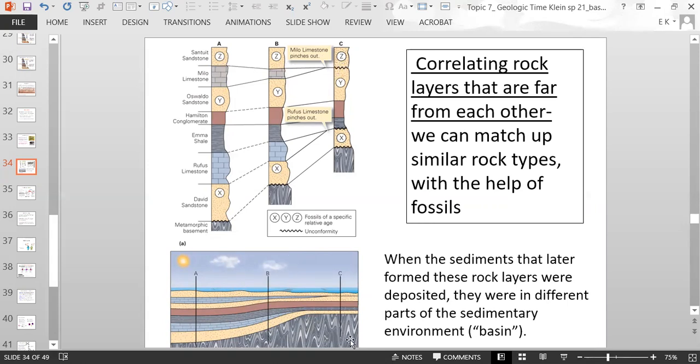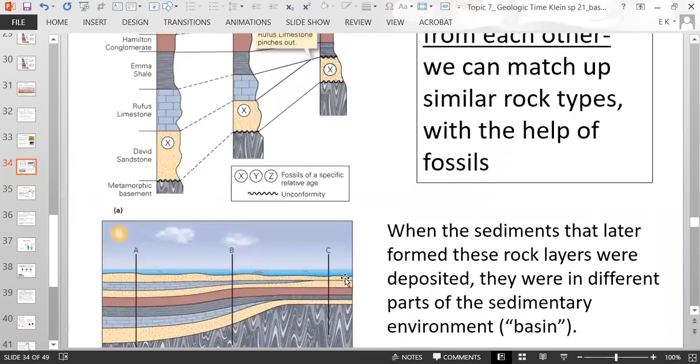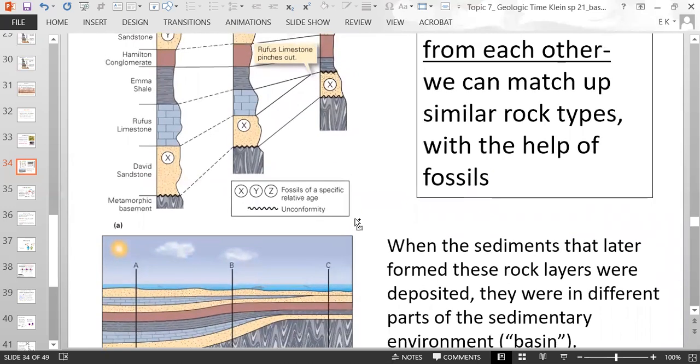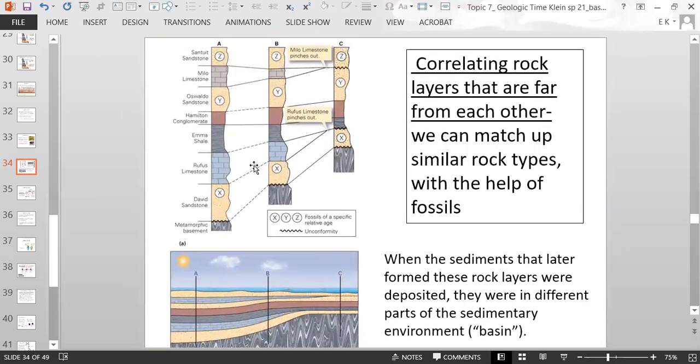And if you look at the picture down here, that limestone is missing from the area around C. So this just gives you more of an idea when you have rock layers showing, but you don't have continuous lines, like the lateral continuity is missing, you can still correlate the rock layers to each other.